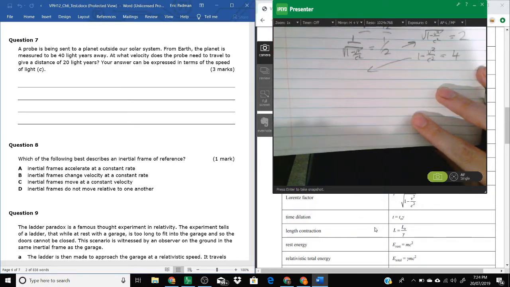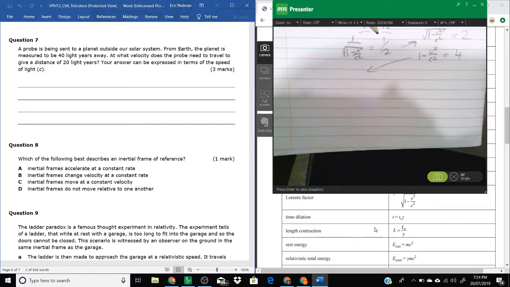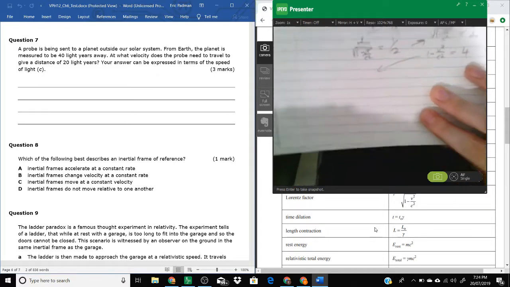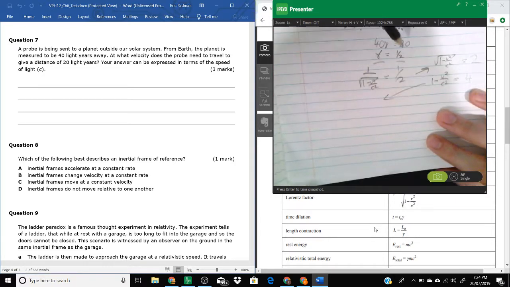Why have I got this backwards? I should have looked at my notes first, because I had this written backwards.